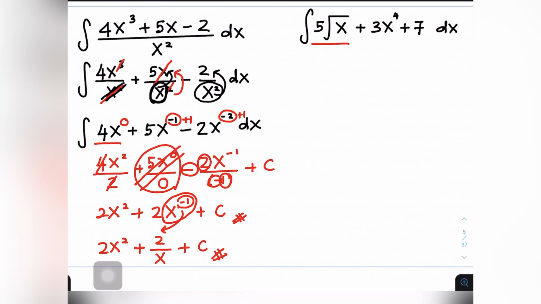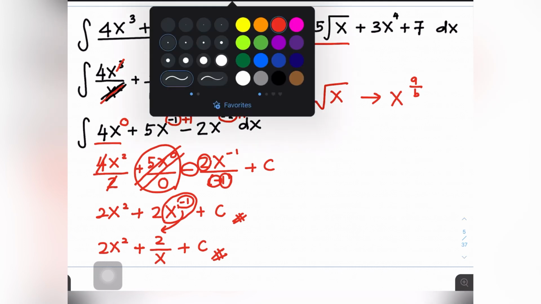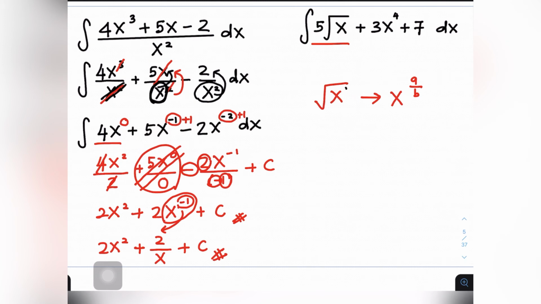So how can you change your x square root 2 into a power? It will become x to the power of a over b, where a is the value of the power of x, and b is the value of your root. For example, now you have x to the power of 1, square root 2.